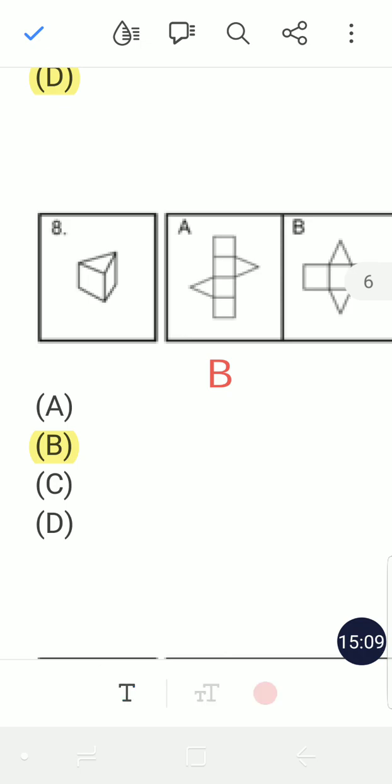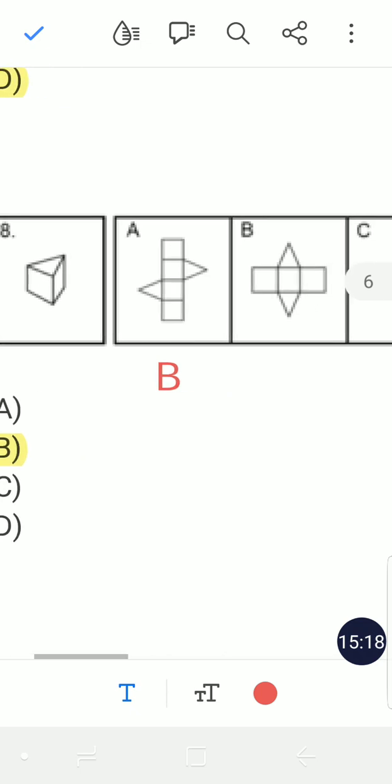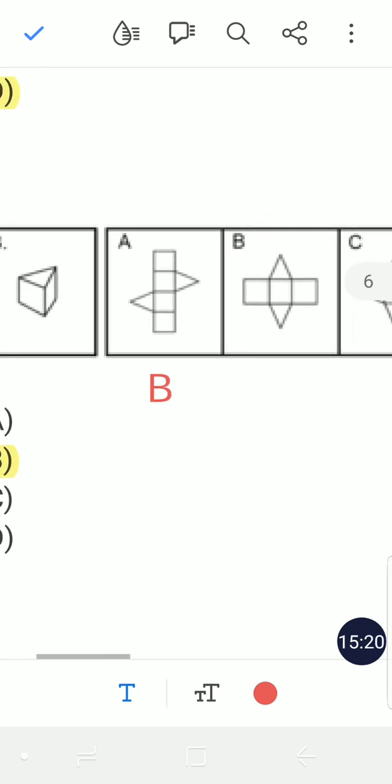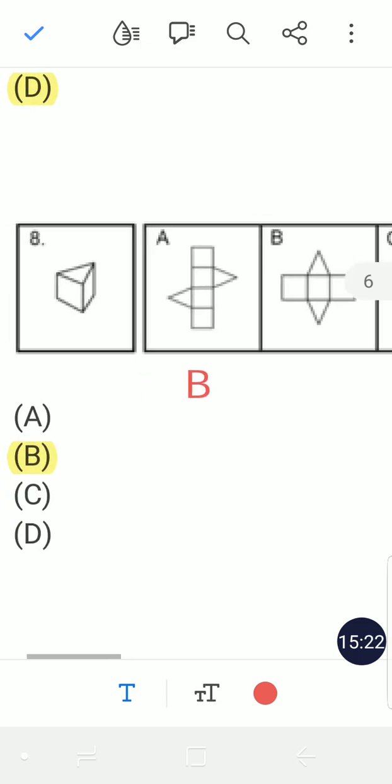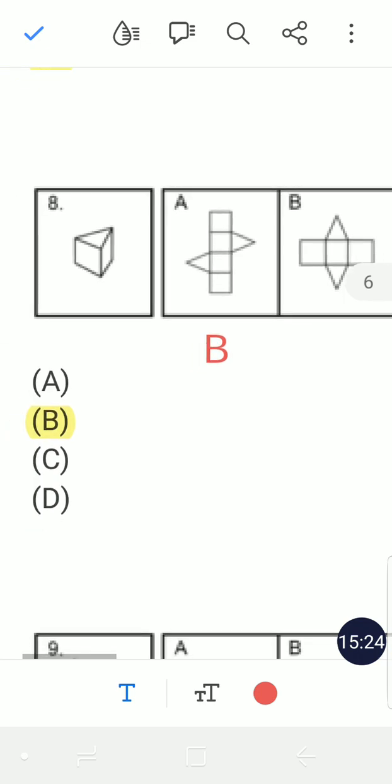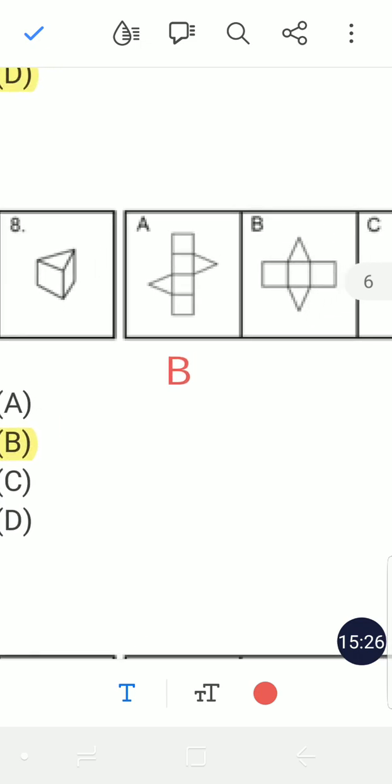Need to correct that. Sorry, the correct answer is B, but I just put it in the wrong spot.